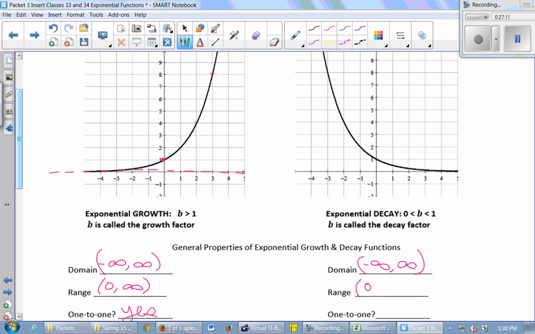Still 0 to infinity. It still always stays above the x-axis. Is it 1-to-1? Yep. What does it mean that a function is 1-to-1? What information does that tell us? Its inverse is a function. Great. We're going to talk about the inverse of this function on another day, but we do know that it has an inverse that is also a function.